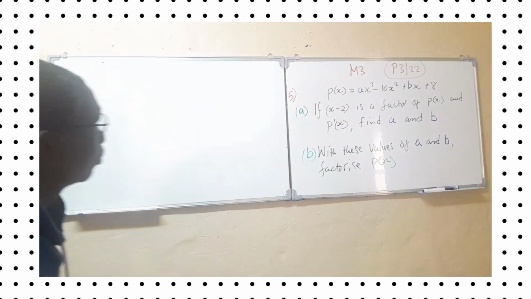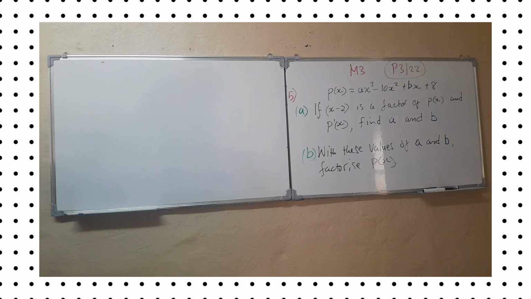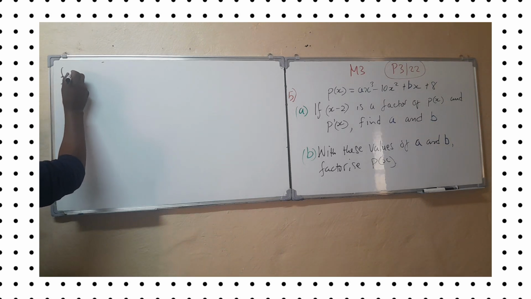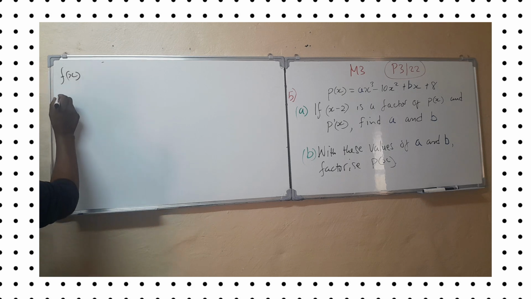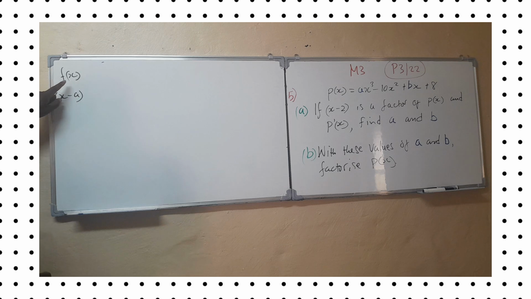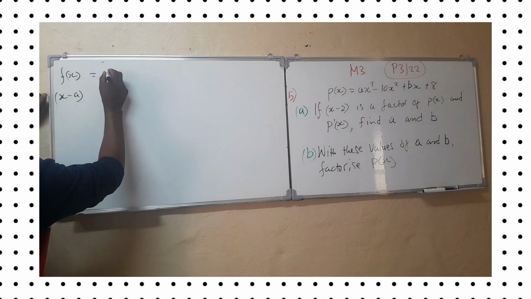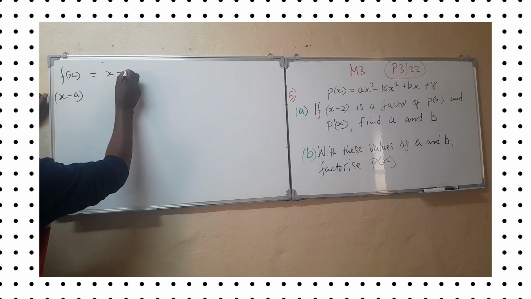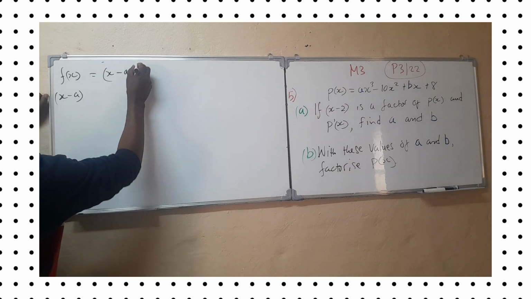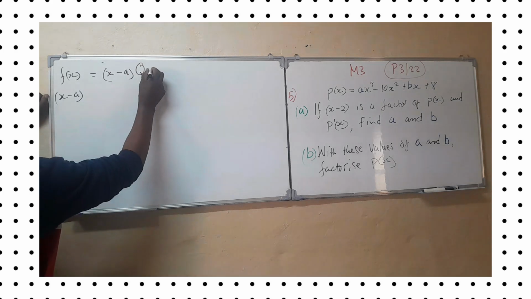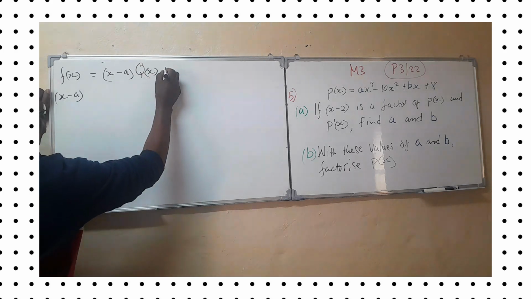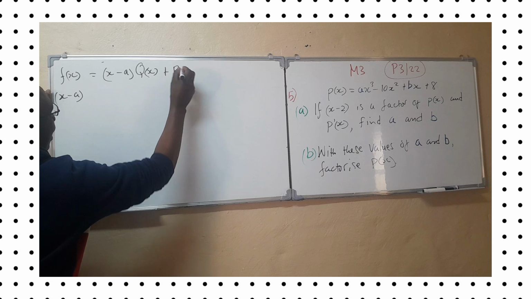Now, we did some work on the remainder theorem recently, and we discovered that if we have a function f of x, and this is divided by x minus a, then we can write x minus a multiplied by some function q of x plus some remainder r.